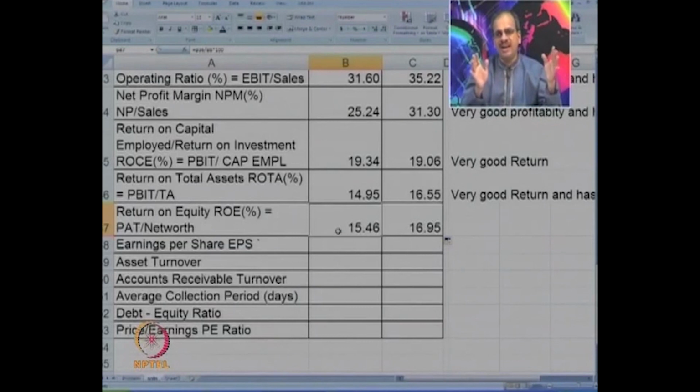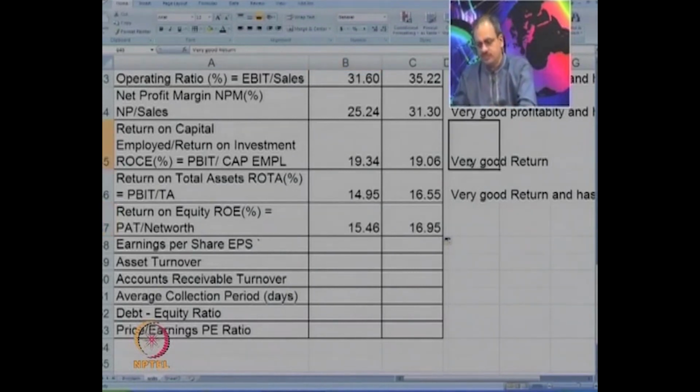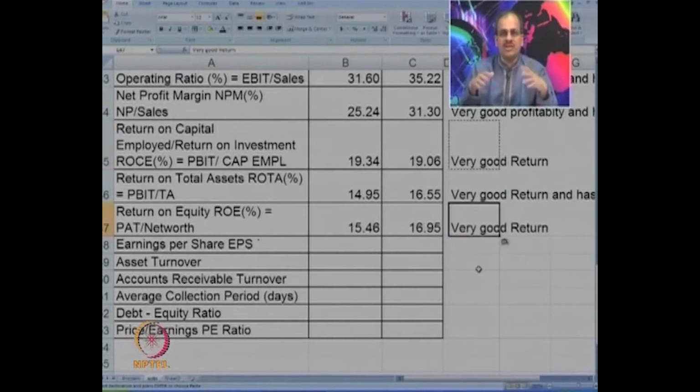Company does not have any debt. So, capital employed and net worth are more or less same, but the profit in the numerator has gone down now. That is why there is slightly less return, but still it is a very good return, because 15.46% after taxes does show a hefty return on owners funds.